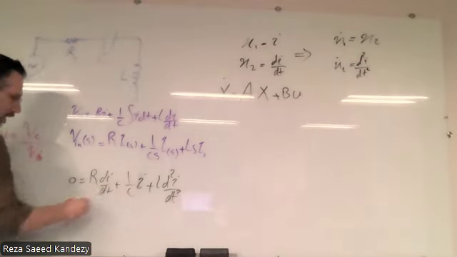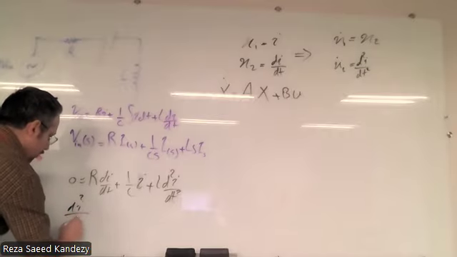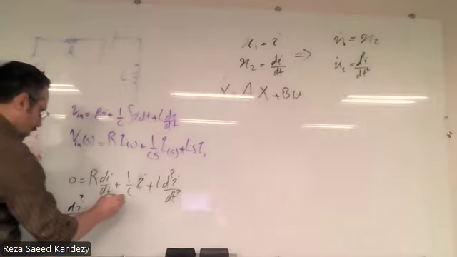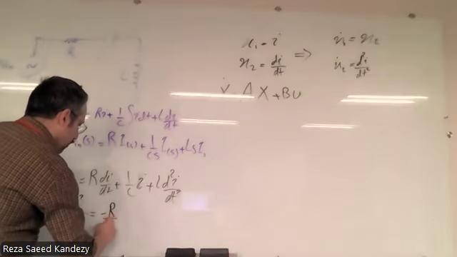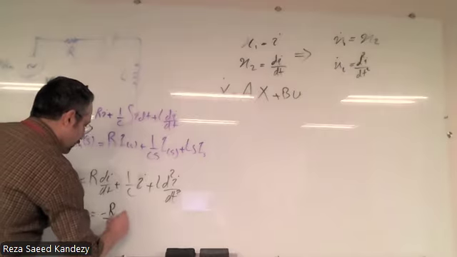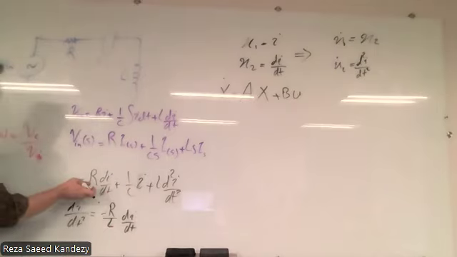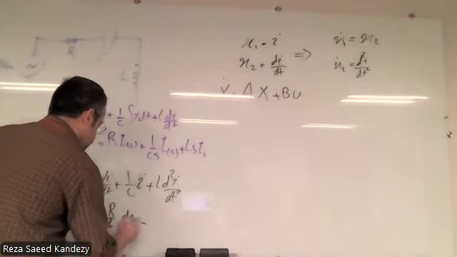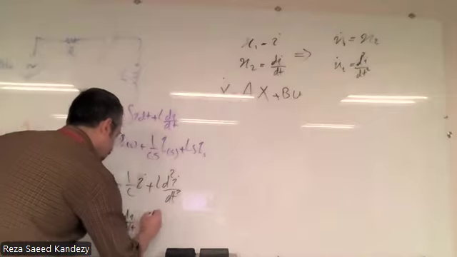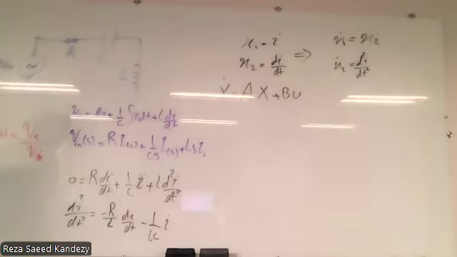And we know if you do that, the second order differential of the current is going to be, this is minus R over L, this is L, di over dt. I bring the first and second term to the other side of the equation. Minus 1 over LC I. Very good.